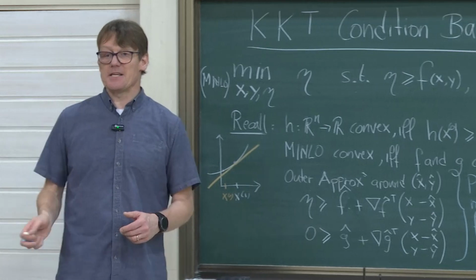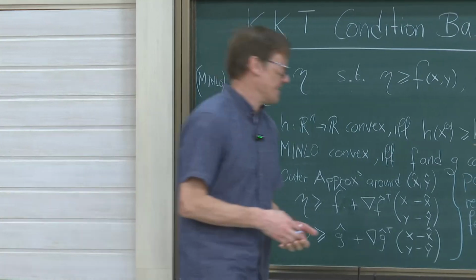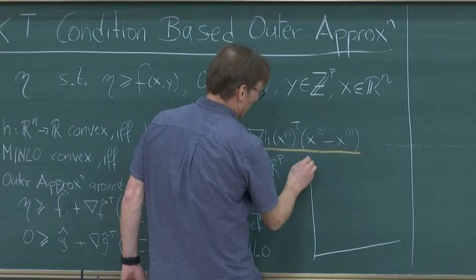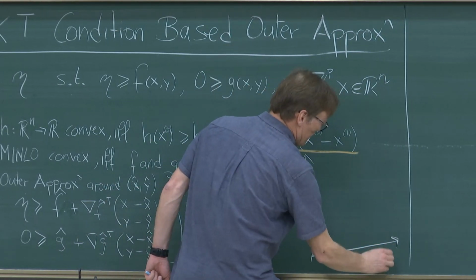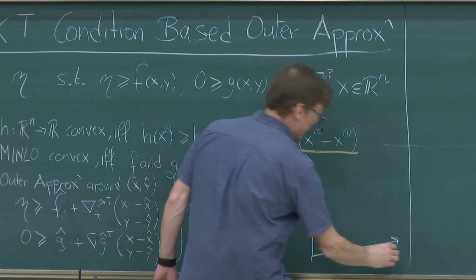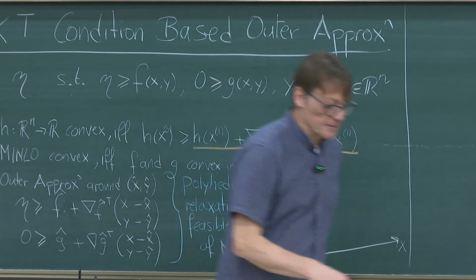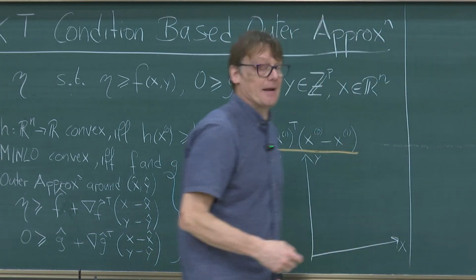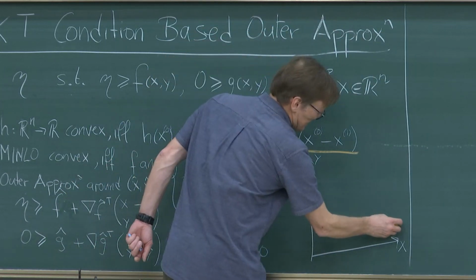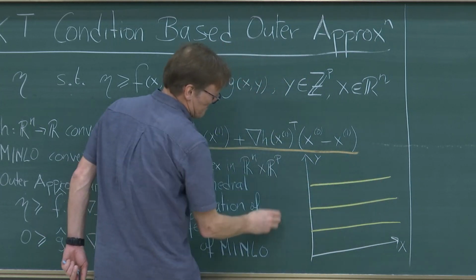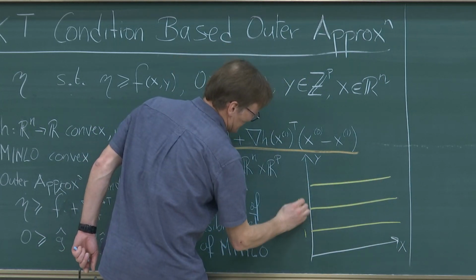Anybody like to see a picture? Let's improvise a picture. We'll have two variables, x and y. Y is an integer variable, so my feasible set is going to be a subset of the integers that go along here: 0, 1, 2, 3.